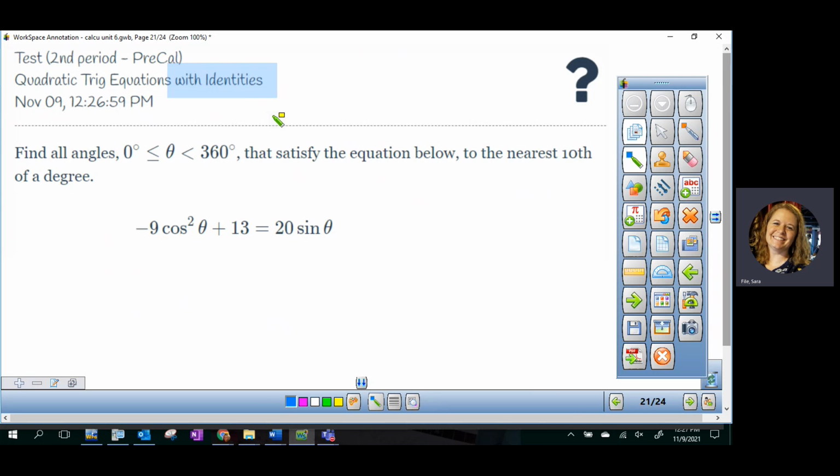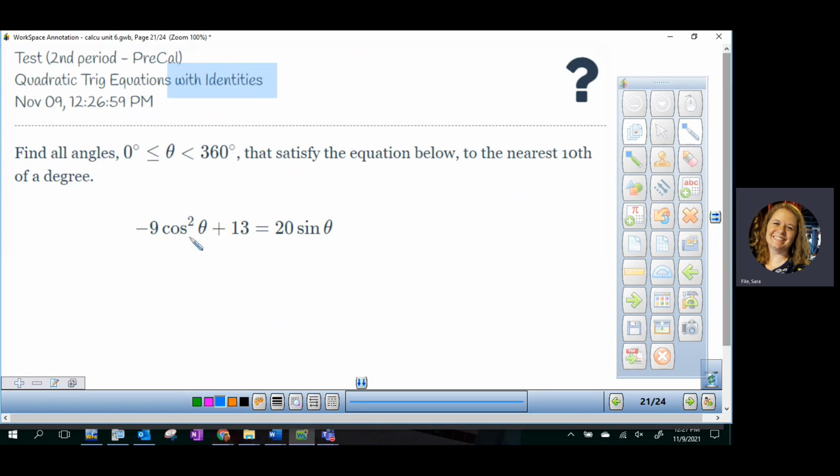Quadratic trig equations with identities. So somewhere in this problem, you're going to have to use a trig ID, okay? And I will give you, again, just like I did on the last test, a formula chart, a cheat sheet, whatever you want to call it. It has all the identities listed. You don't have to have them memorized. You just have to know how to use them.